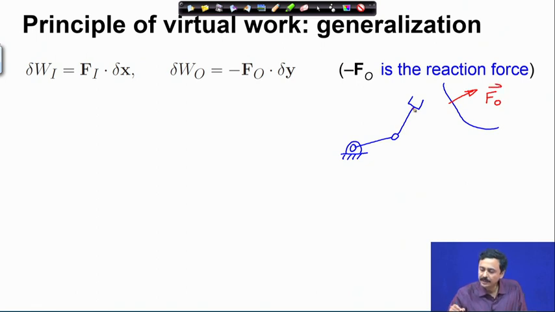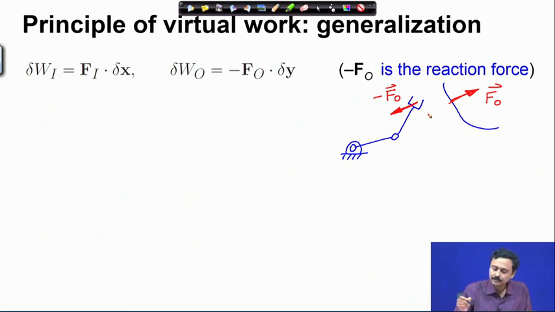On the manipulator there must be a reaction force. Since this is a vector, I must write it as minus FO. So, FO is the force being applied by the manipulator on the external world through the end effector, and minus FO is the reaction force that the manipulator feels.